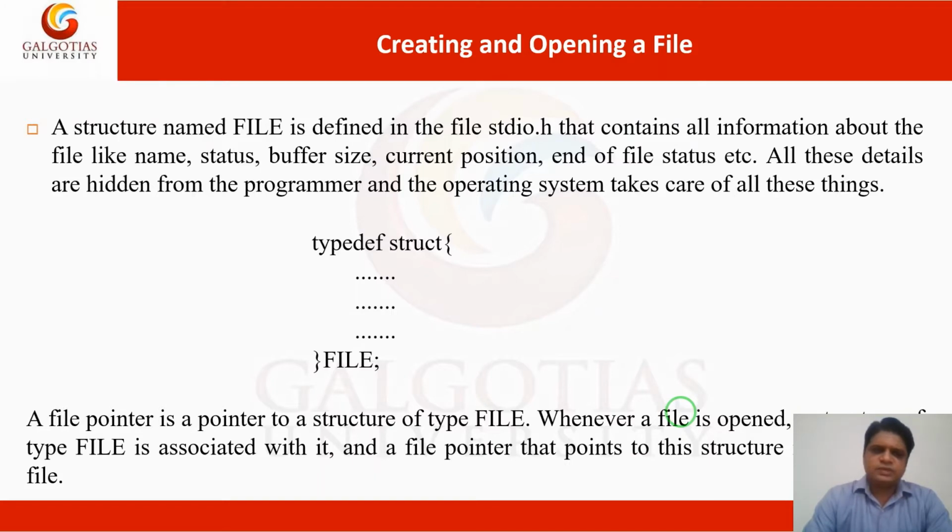A structure of the type FILE is associated with it, and a file pointer that points to this structure identifies this file. That means this file is stored on the hard disk at any drive, and this pointer points to this file. The important data for these operations are the name of the file, status, buffer size, current position, and end of file status.